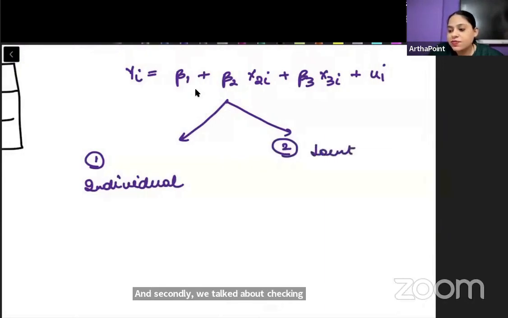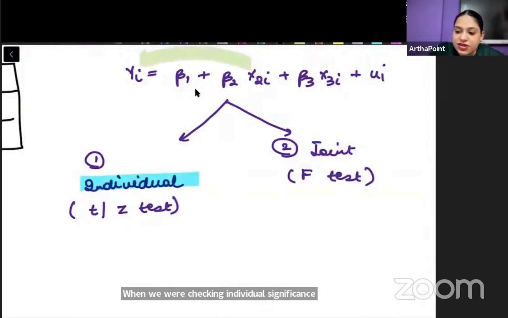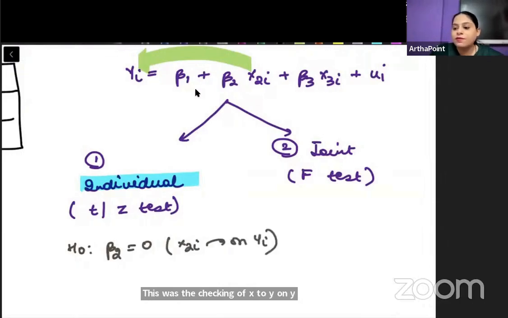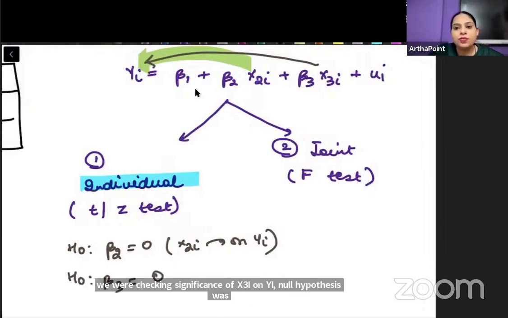And secondly, we talked about checking joint significance. Here I told you, you need to do T or Z test. And here we were doing F test. When we were checking individual significance, whether x2i is significant on yi or not, we were writing our null hypothesis as beta 2 equal to 0. When we were checking significance of x3i on yi, null hypothesis was beta 3 equal to 0.